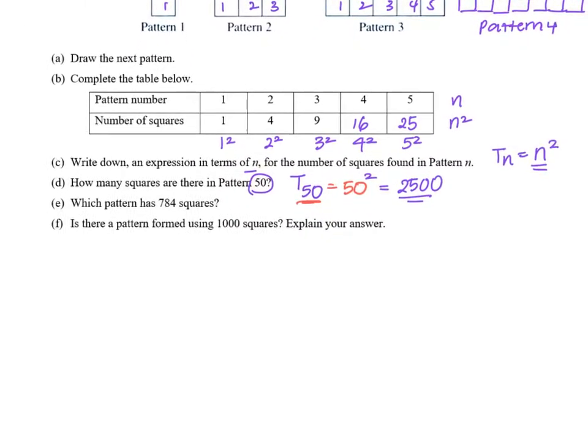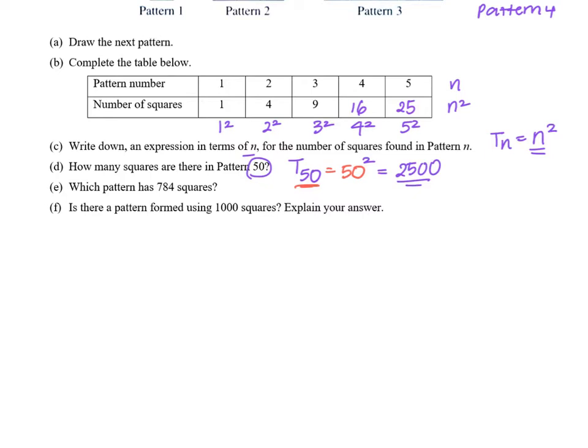Which pattern has 784 squares? What is my pattern given? My pattern says that Tn is n squared. So I do not know which pattern, but the number of squares it has is 784. How do you think I can get rid of the square in order to find n?